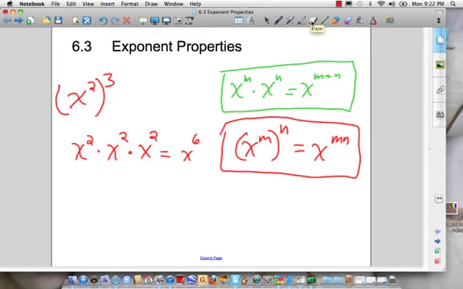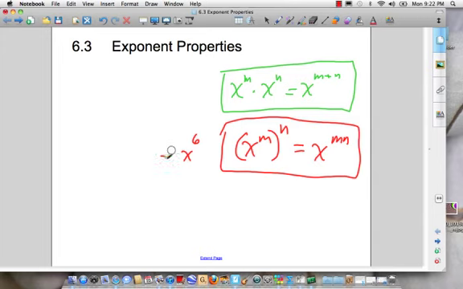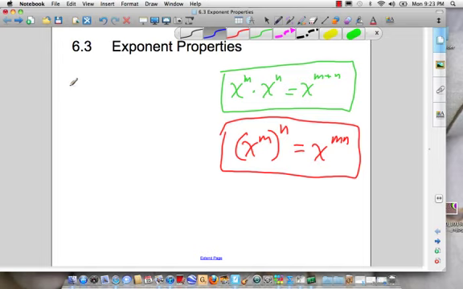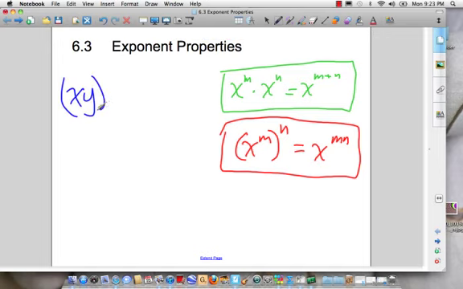All right, so one more property that you're going to learn in this section involving exponents and multiplication, and that is, all right, let's get rid of all of this, and then let's go ahead and do this one in blue. So suppose you have xy in parentheses, and you're, say, cubing that.